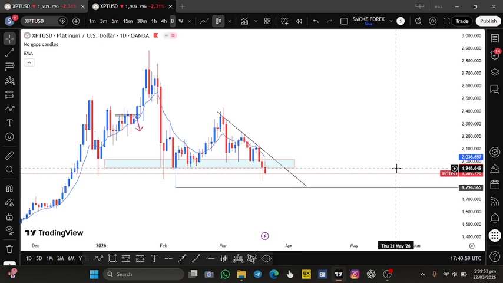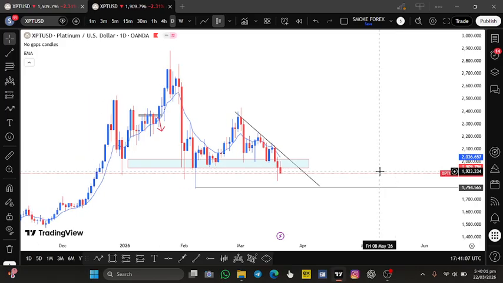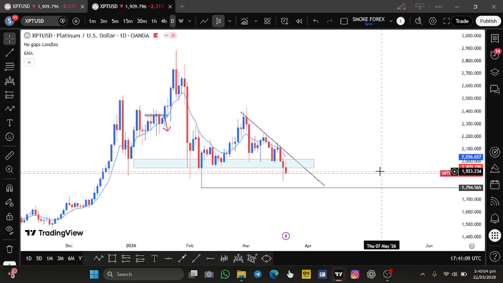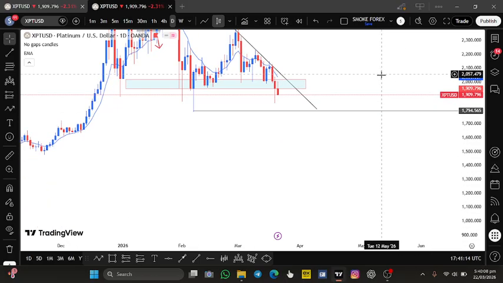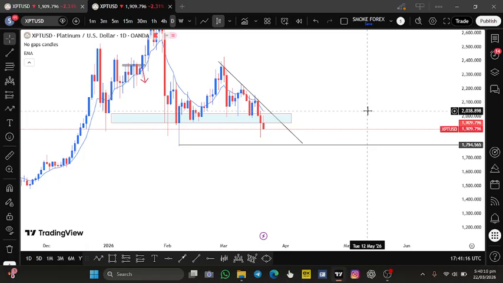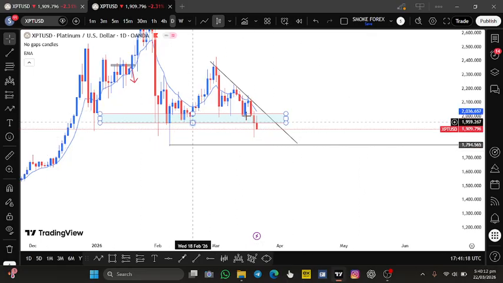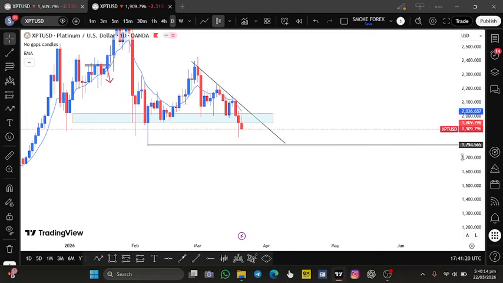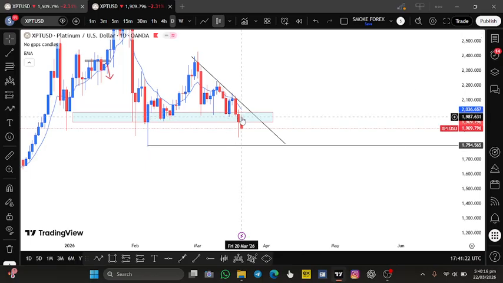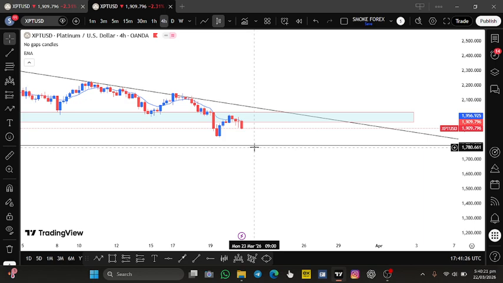This pair actually joined my list earlier, I think 3 months ago. So with platinum, what do I want to see? Price is currently trending bearish. Here we have a supply area, and price is showing a rejection on the 4 hour.